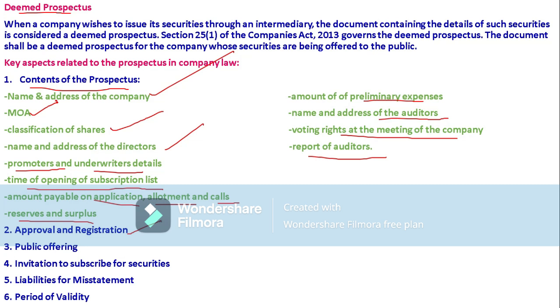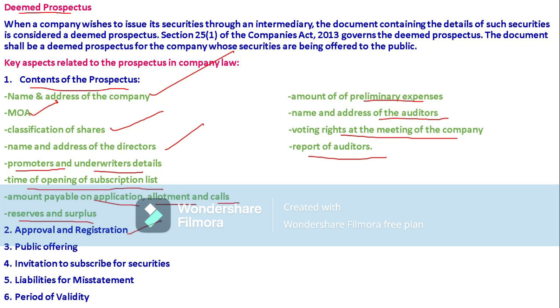Only after approval and registration of the prospectus can they go for a public issue. The regulatory body ensures that the prospectus contains all the necessary information and is not misleading. After approval the prospectus is registered with the regulatory authority. So this is about the approval and registration of the prospectus.